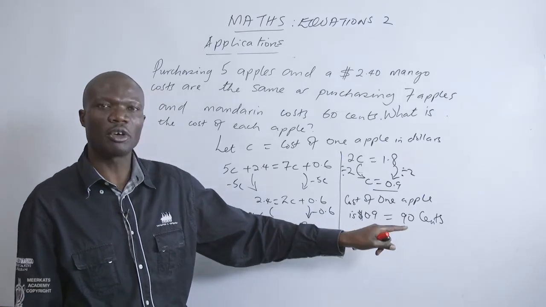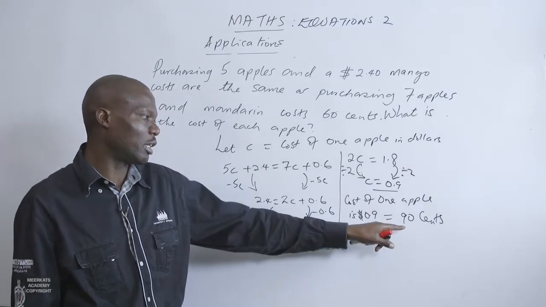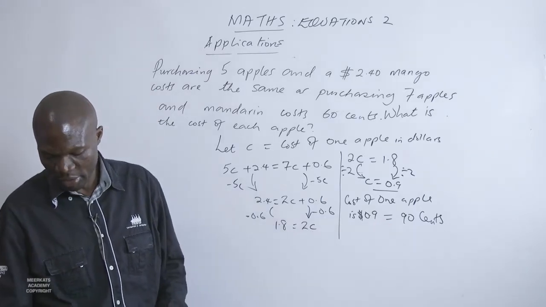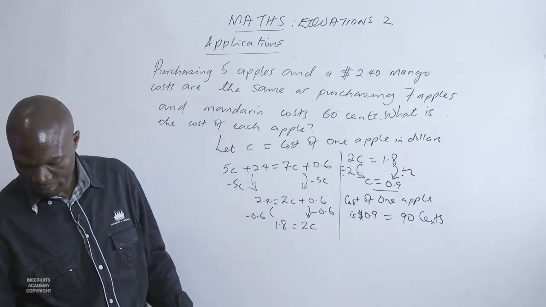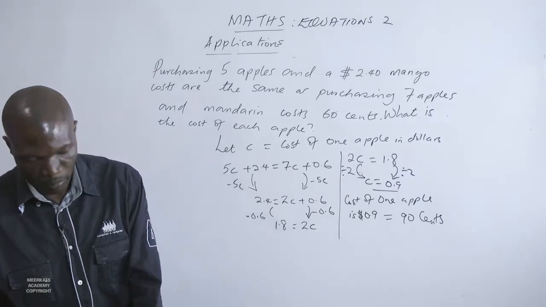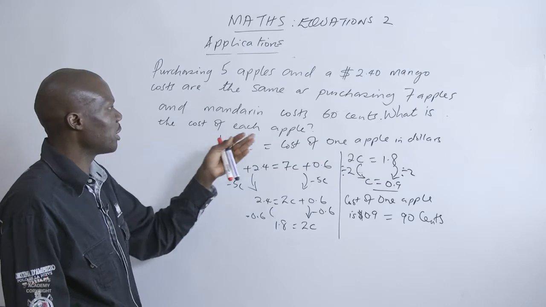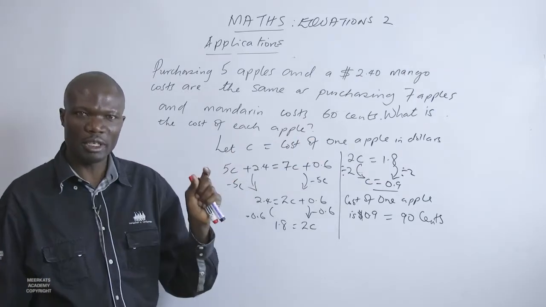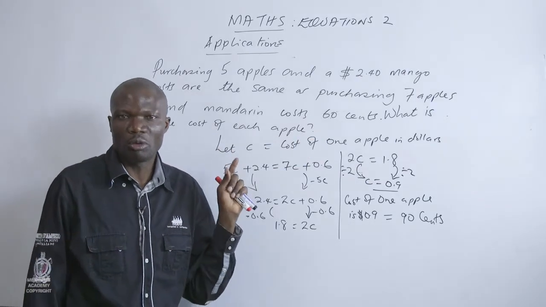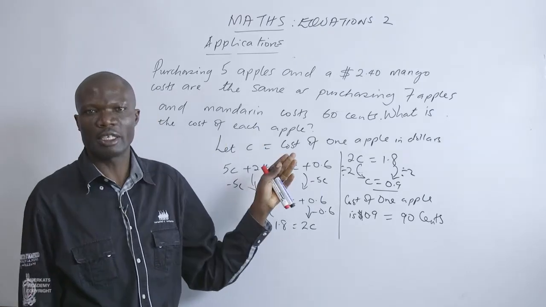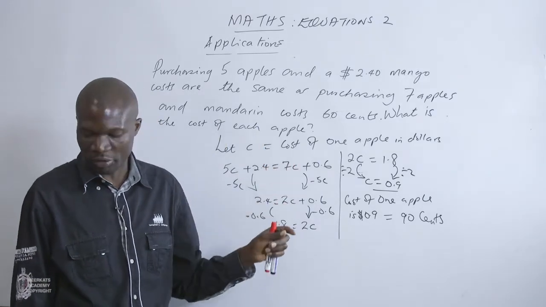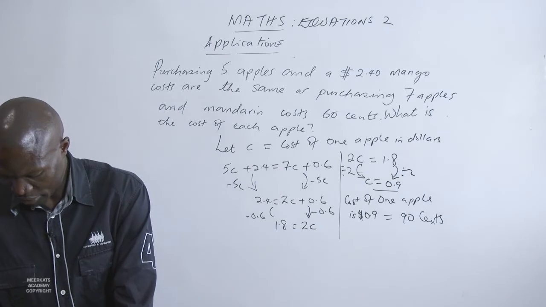We are looking strictly for the cost, in cents or in dollars. If we have answered the original question, which was asking us to find the cost of each apple, then it means that we have observed the rule that this is the real situation and the units have also been taken care of.